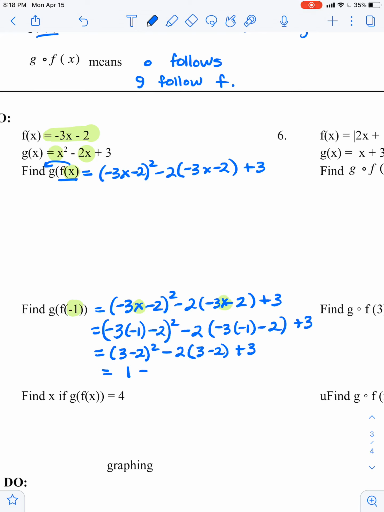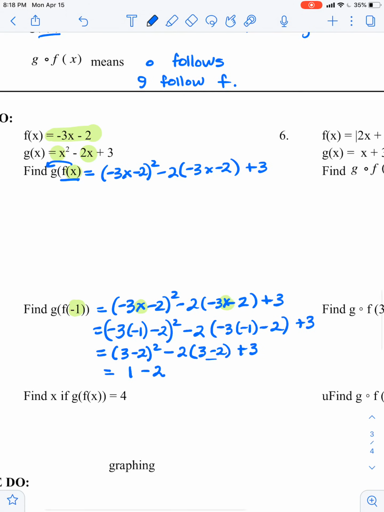Minus, and then 3 minus 2 is 1, times a negative 2 would be negative 2. Plus 3. So 1 minus 2 would be a negative 1. Plus 3 would be 2. So g of f of negative 1 is 2. Okay?